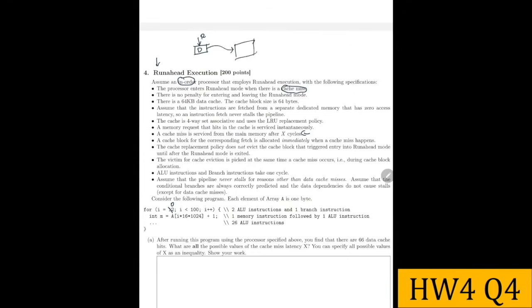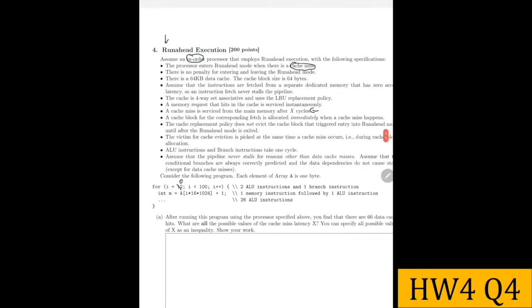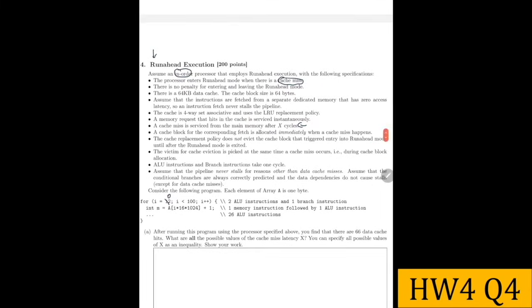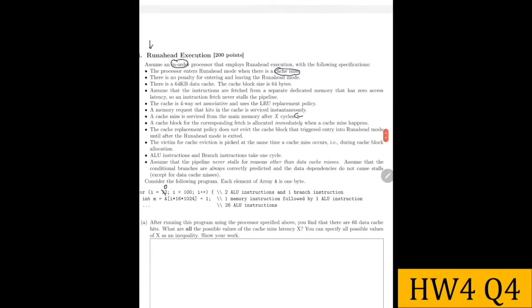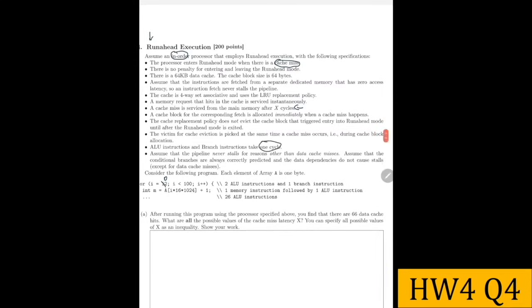So a prefetch block from run-ahead cannot evict this data block. The victim for cache eviction is picked at the same time as a cache miss occurs. Okay, this is critical. ALU instructions and branch instructions take 1 cycle. That's important. And the pipeline does not stall for any other reasons rather than data cache misses.